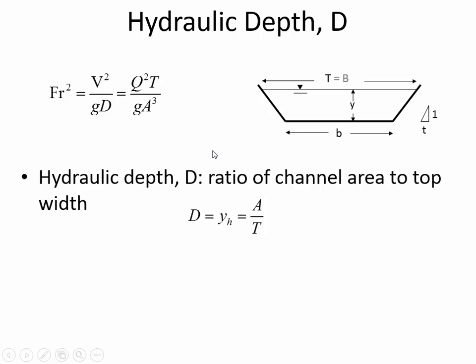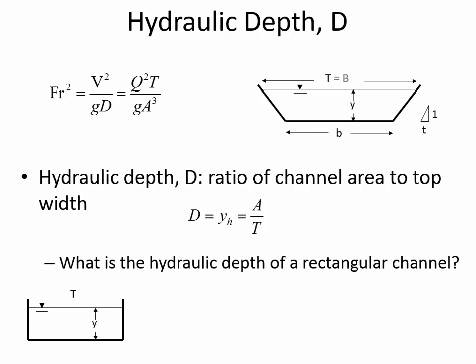Well, if you have a rectangular channel, what's the hydraulic depth of that? Hydraulic depth is going to be the area divided by the top width. And for a rectangular channel, the area is just t times y. And so t times y divided by t, if you just have a rectangular channel, then d equals y. So that makes it pretty easy.